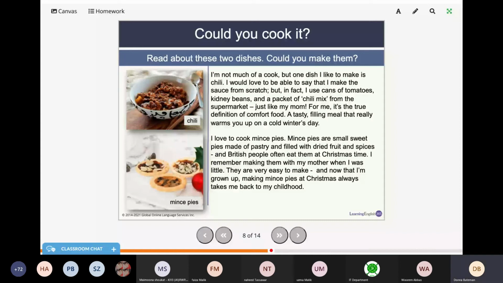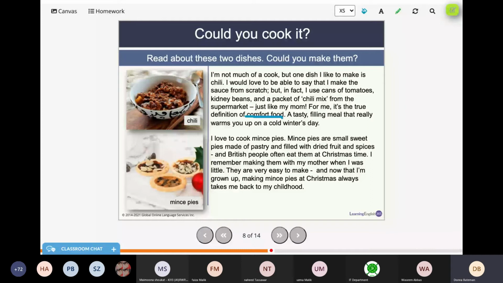Why is chili comfort food? This word comfort food, a nice little phrase for you. The writer describes it, don't they, as a tasty, filling meal that really warms you up on a cold winter's day. And that's a very good description. Maybe it's a cold winter's day, or maybe you don't feel particularly well. Maybe you feel a little bit sick.